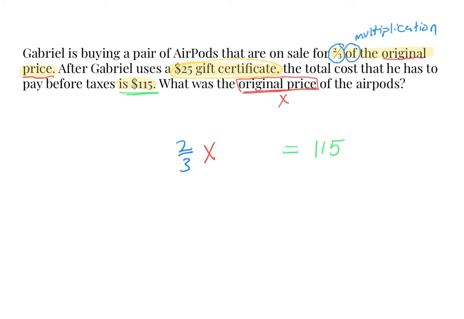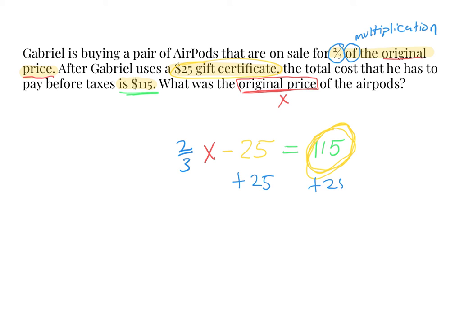Now, we are looking at the original price of the item, but our total is actually just what Gabriel paid, so it's not factoring in the $25. I'm going to subtract 25, because he paid $115 but he is not counting the 25 bucks. So now step 3 is to solve.